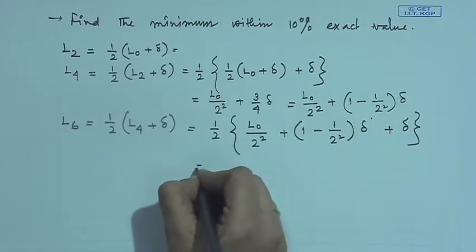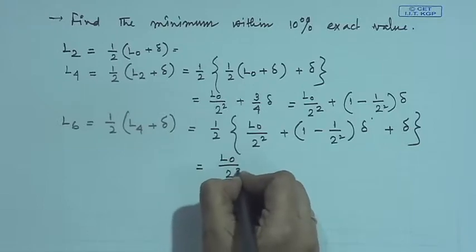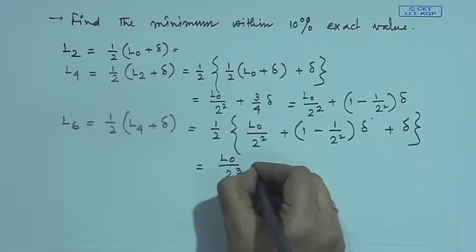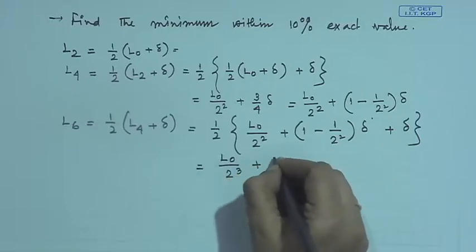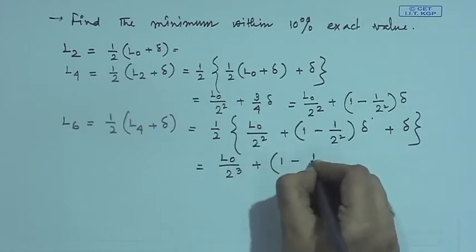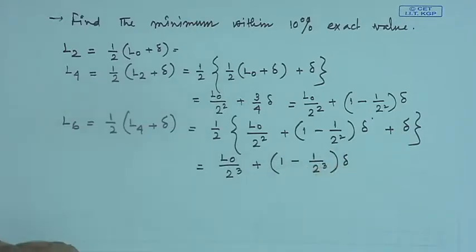If I do it, I will get L0 by 2 cube, and here I will get plus, just do the calculation, you will get 1 by 2 cube delta, okay. Just to see, we are getting a nice pattern here.